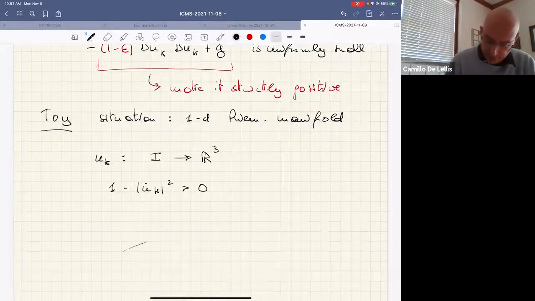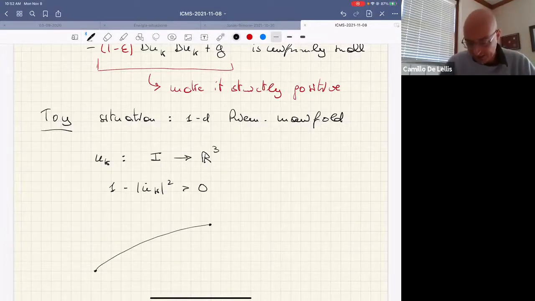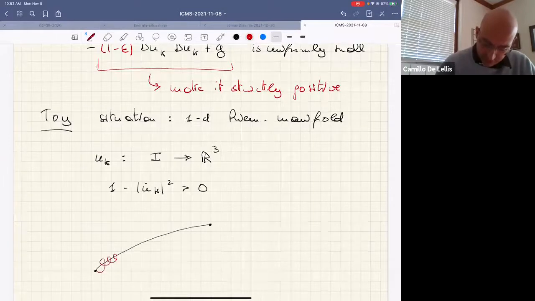Here is the picture. I have my curve over here, and what I want to do is increase the length of this curve by staying sufficiently close to it. Of course, what you imagine you can do is travel around a little bit more. So you can do something like this.